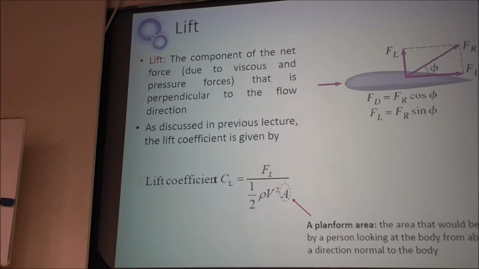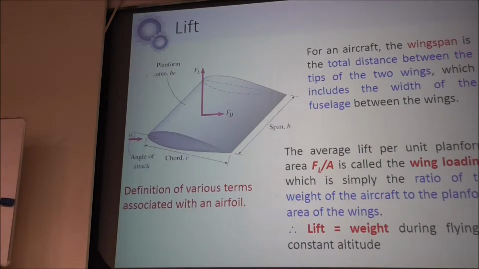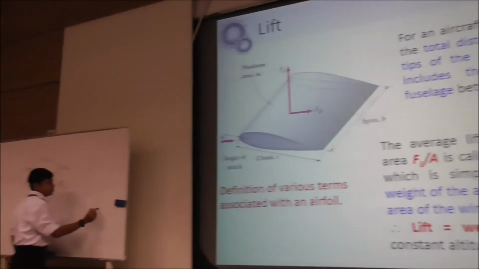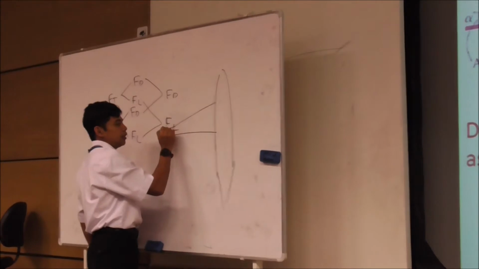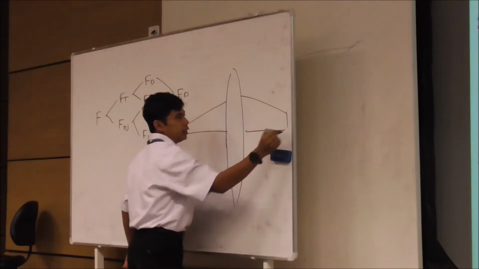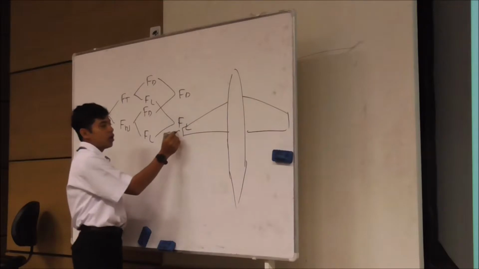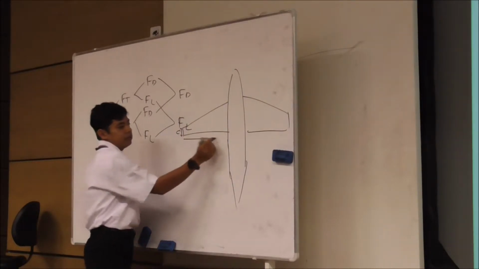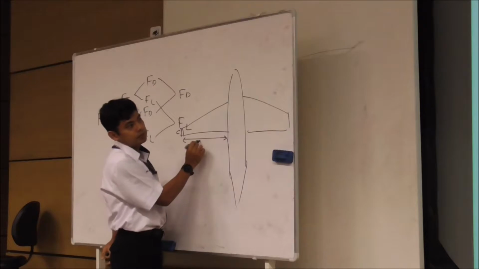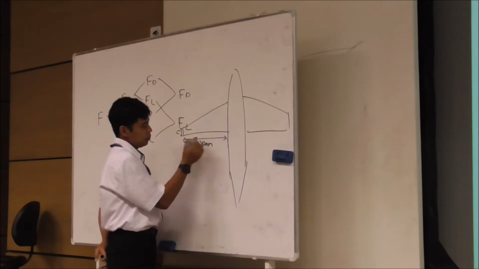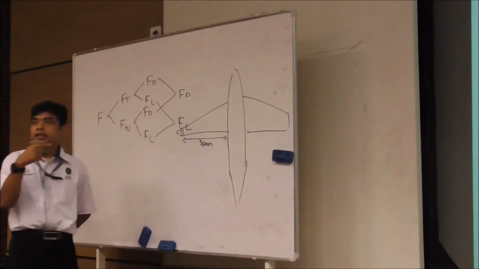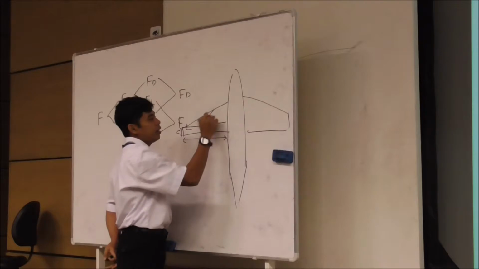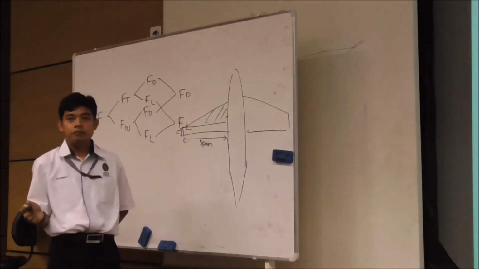In real life, the area of the aircraft will be different. If you have this Boeing 747, the wing is not simply the chord times the spanwise direction, because it has some angle, and that area would not be taken into account.